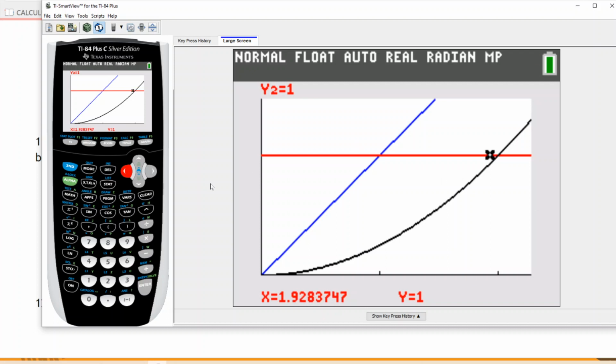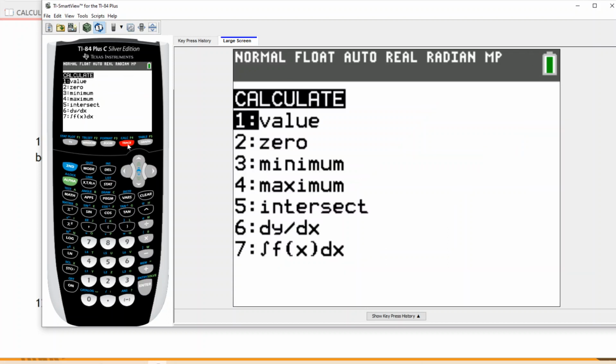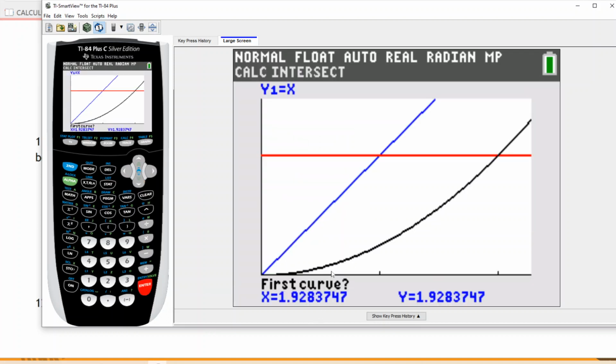So I'm going to find that using second calc and then intersect, which is number 5. It's going to ask me, first of all, am I on the first curve? And let's see, the first curve is not the blue curve. The red curve is going to intersect the black curve. So I'm on the red curve right now. I'll push enter.